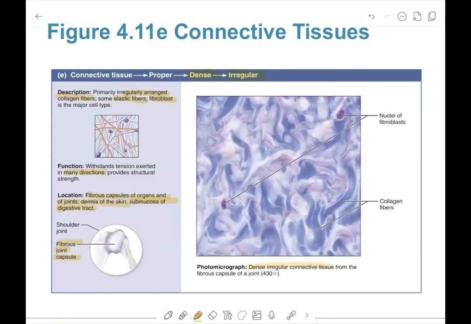So there's nuclei of the fibroblast, and then there's the collagen fibers, which you can see are going in different directions. They're certainly not parallel like they were in the last image that we looked at for dense, regular connective tissue. So when you consider the anatomy, think about why you would have that anatomy.